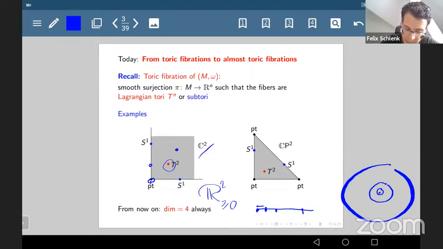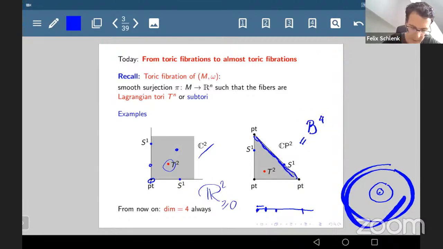And for CPN, everything comes from this compactification. From this picture, you immediately see that CP2 contains a four-ball, namely if you take this line away, because when you look at what I just said, you take only this part, which is exactly an open four-ball when this line is excluded.